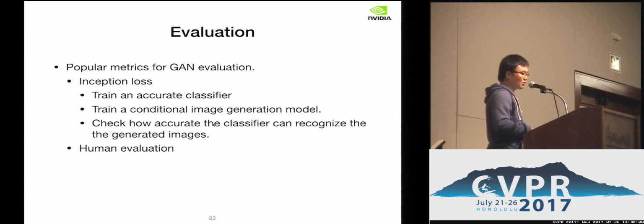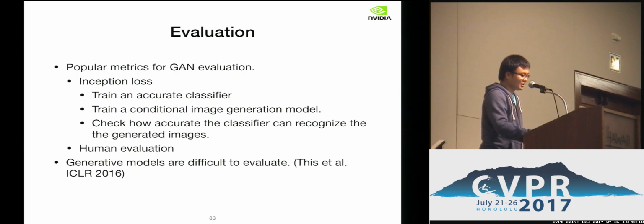And probably the most popular approach is human evaluation. So you ask a human subject to compare the image qualities. Generative models are difficult to evaluate, and this is pointed out in one of the ICLR 2016 papers.